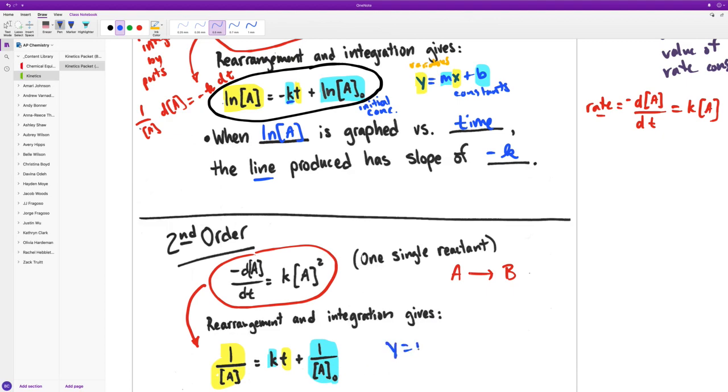So again, y equals mx plus b, and so just like we have two variables in the standard form and two constants, same type of thing. So this follows the form of a line. This is the equation of a line.